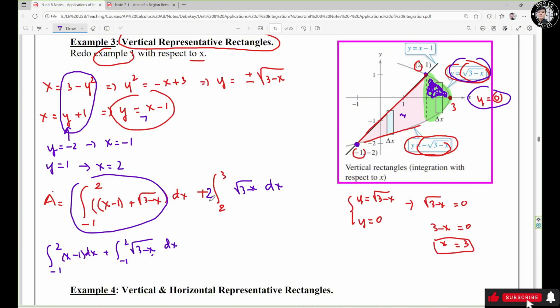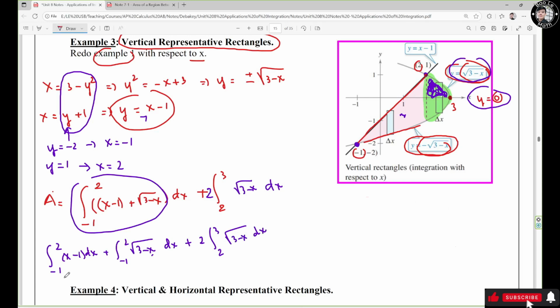And this guy right here plus 2 times the integral from 2 to 3 of square root of 3 minus s ds, right? Now it's very simple to calculate the integral of this one, right? Now for this guy right here, I'm going to use substitution, right? So I'm going to call this one I1, this one I2, this one I3. I need to calculate each of these and I'm going to add them up, right?